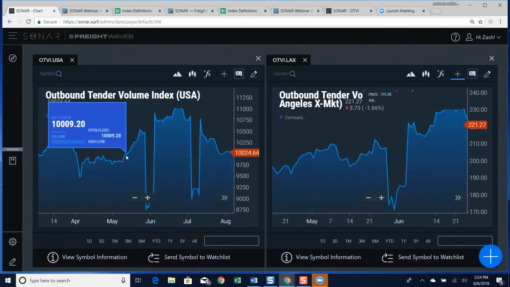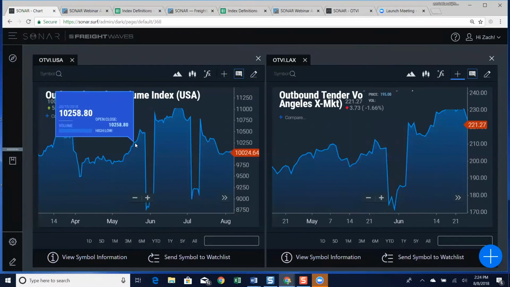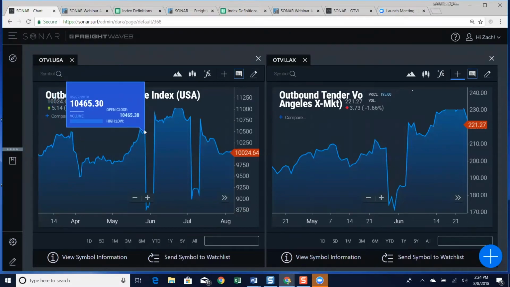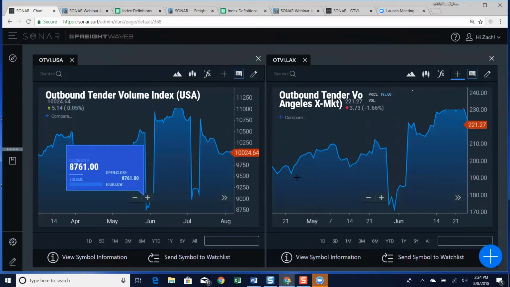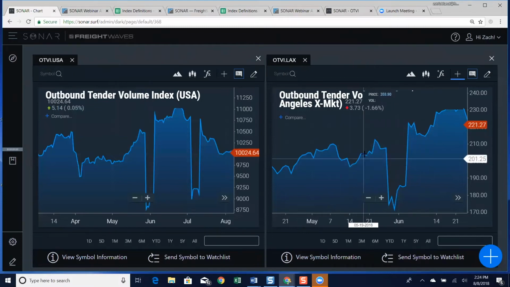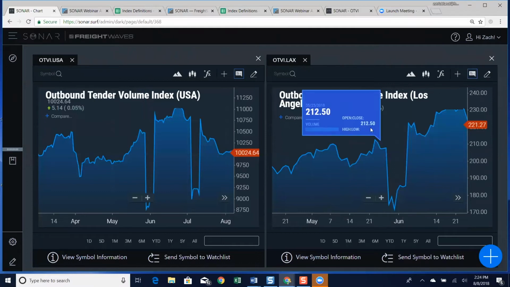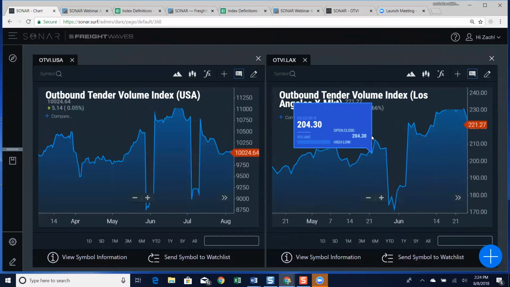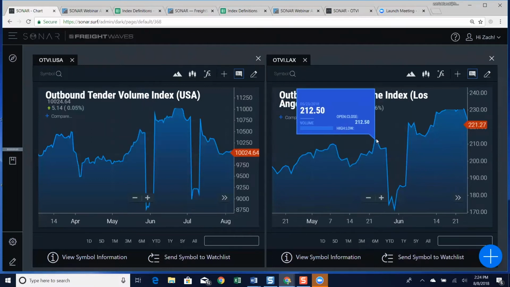But then all of a sudden, mid-May, volume starts creeping up. We're now right before Memorial Day. You have 5% more loads than there were in the market on March 1st. And over here on LA, you have a good bit more available there, but it's still not the whole picture is the point.